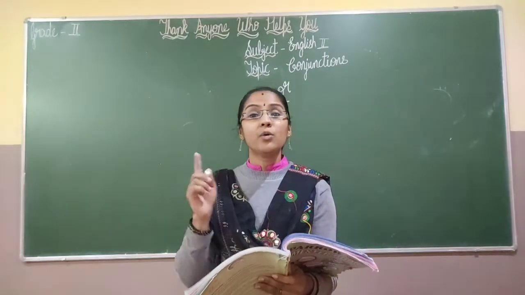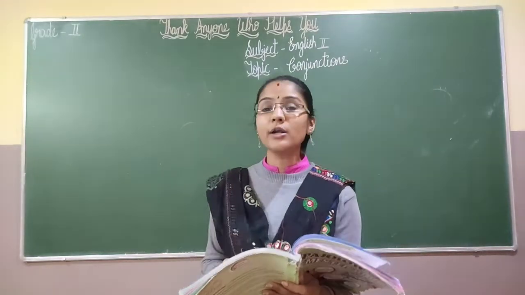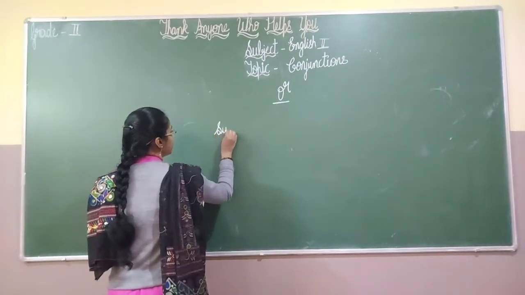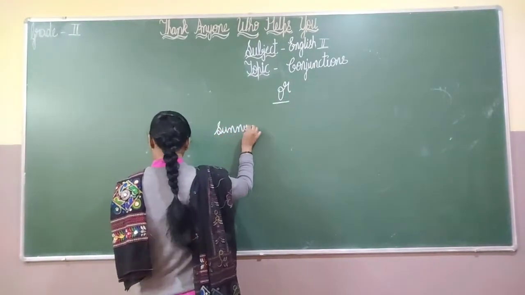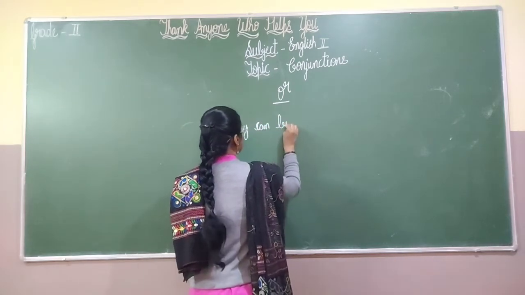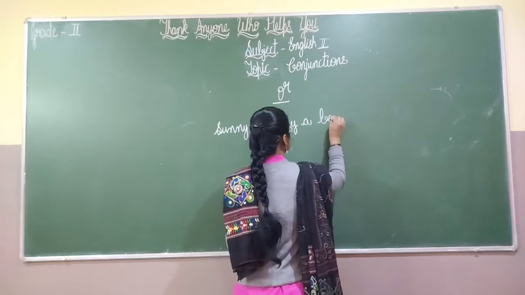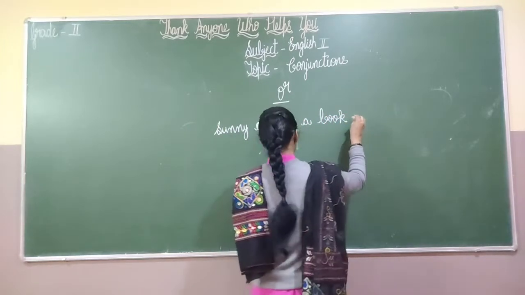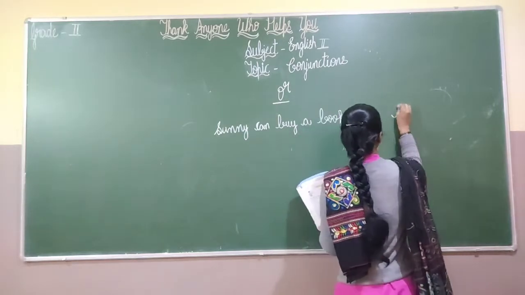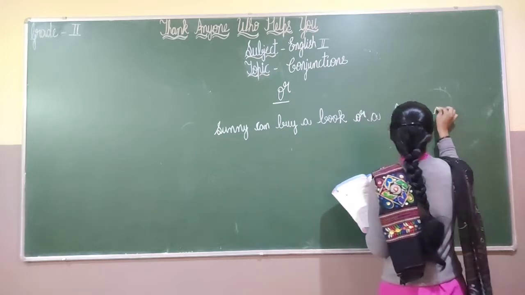So what, children? Or how to write this? Sunny can buy a book or a board game. Either he needs to choose any one.